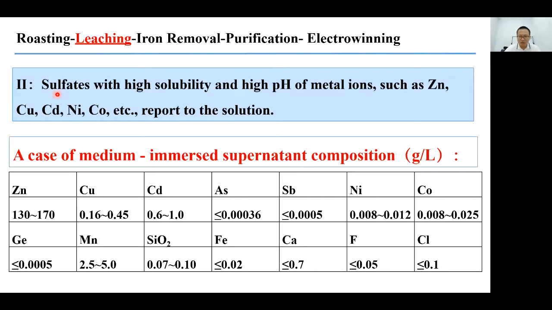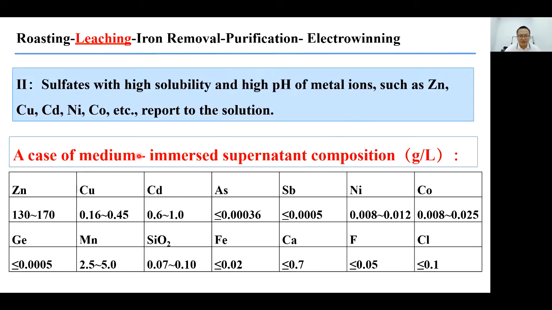We should recycle them. Those metal elements are soluble in their sulfate form, and they have very high solubility. Especially, we can monitor it by varying the pH value of the system.